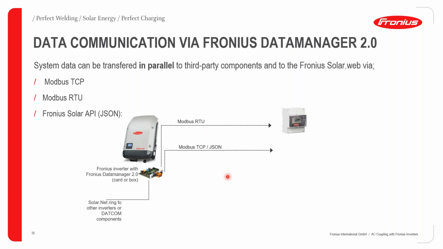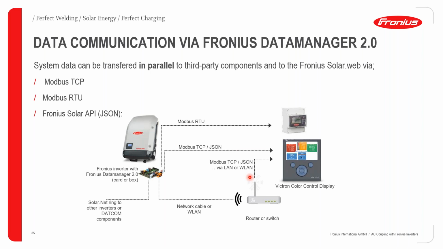And via the Modbus TCP, we can connect to the VICTRON color display where you can view the entire system in its functional state. But these are also made possible via the router or switch, which provides internet access either via wireless LAN or LAN connection.